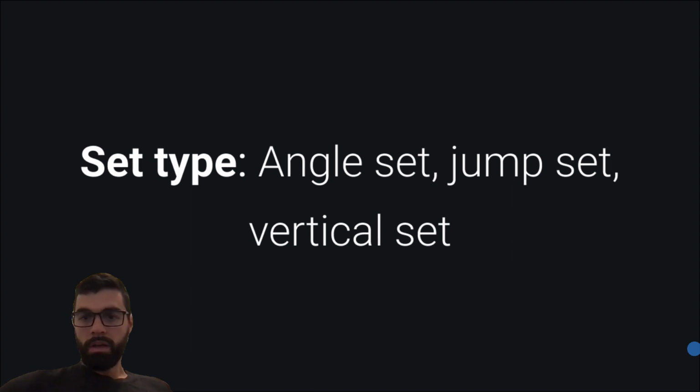Okay, so the third and final subtype of an offensive lineman's type is his set. So the different types of sets that an offensive lineman can do are an angle set, a jump set, and a vertical set.